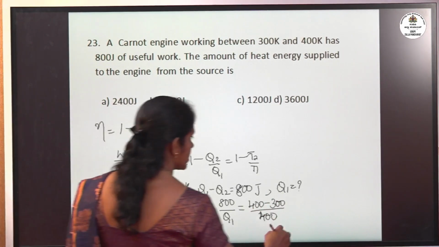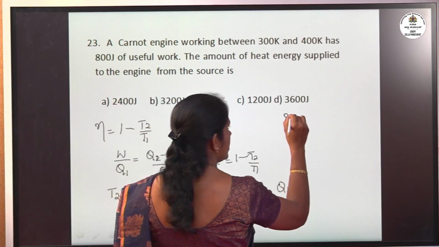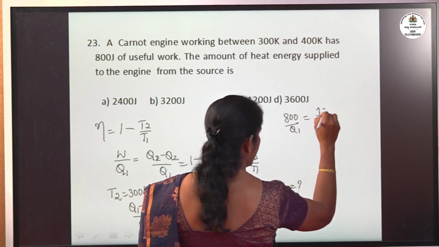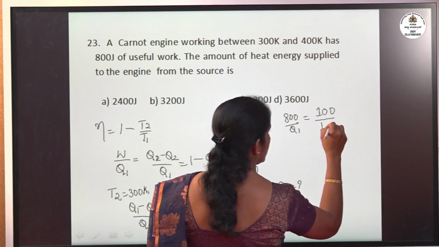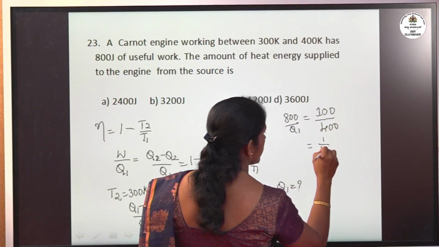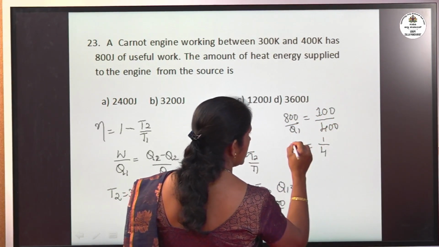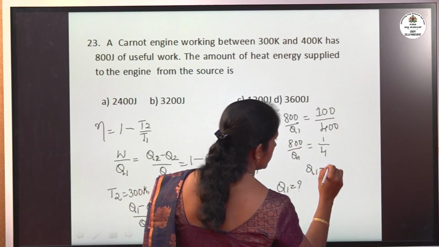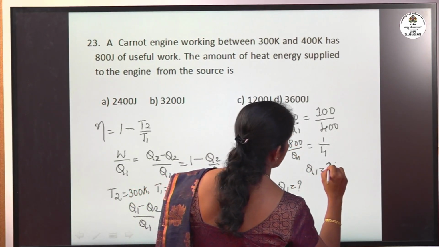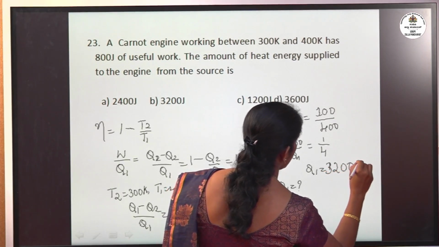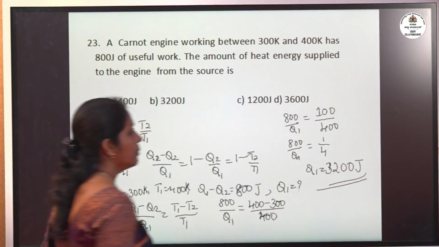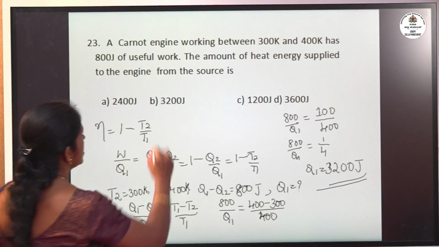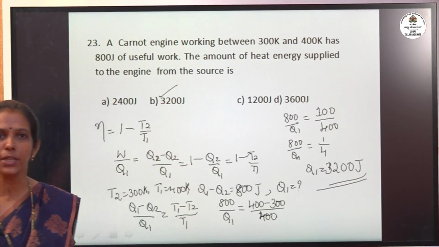Rearrange the equation and simplify. 800 by Q1 is equal to 100 divided by 400, or 1/4. Cross multiply, we get Q1 is equal to 3200 joule. The amount of heat absorbed from the source is 3200 joule. Option B is the correct answer.